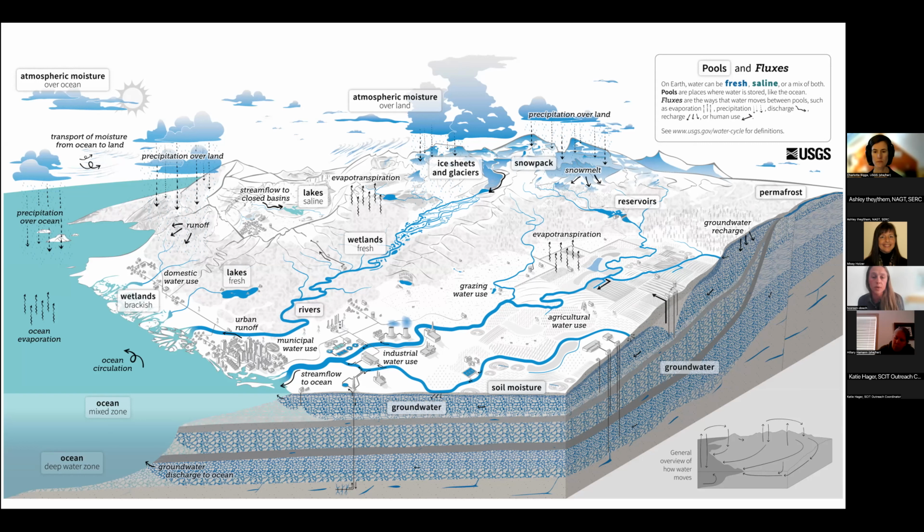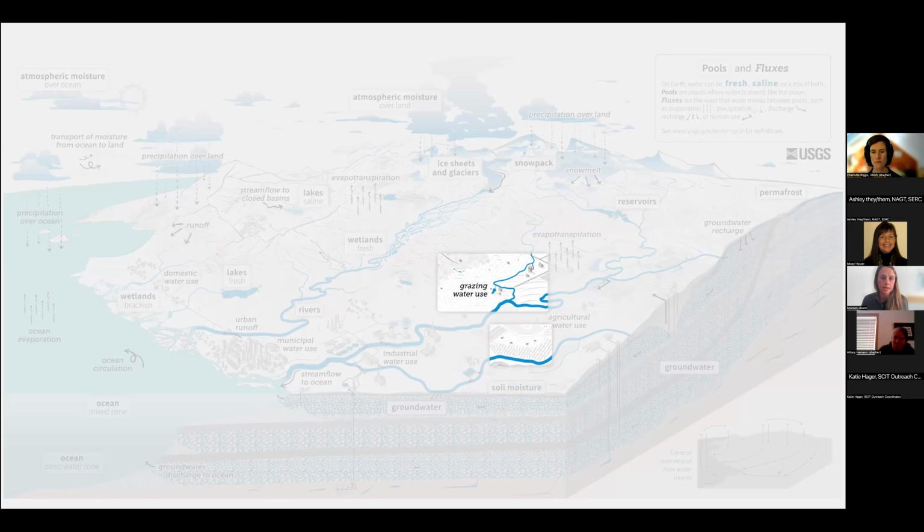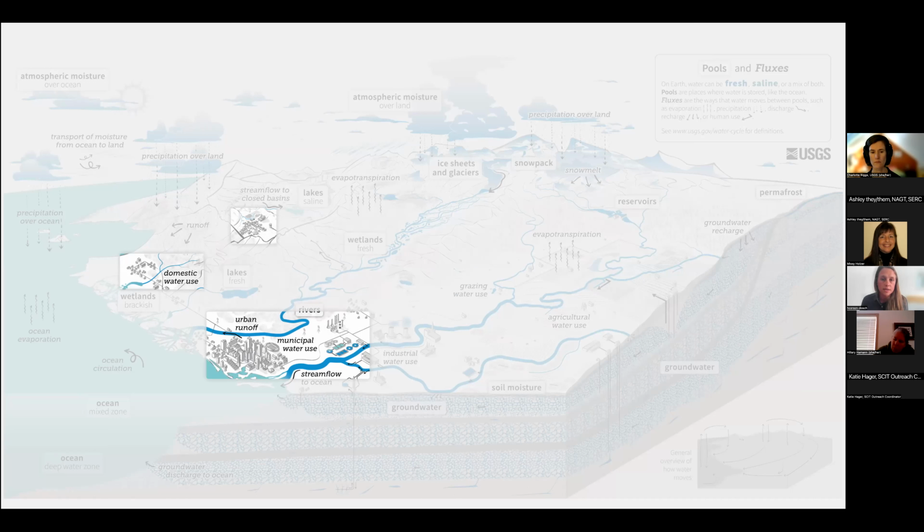The first step to showing human interaction with the water cycle was simply to show humans present on the landscape. The next step was to show key categories of human water use. We have agricultural irrigation with withdrawals of surface and groundwater, water use by grazing livestock, industrial water use, including showing a thermoelectric power plant, because thermoelectric power generation alone is the largest category of water use in the United States, municipal and domestic water use, including a water treatment plant.